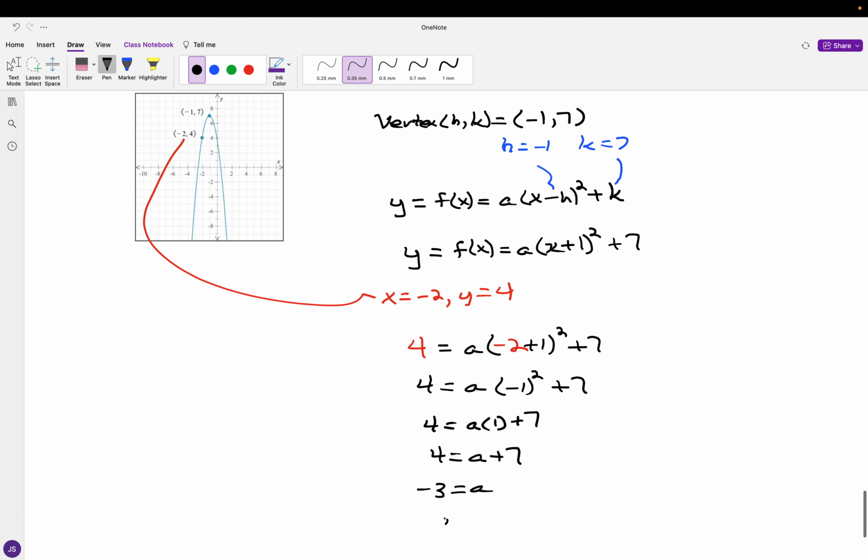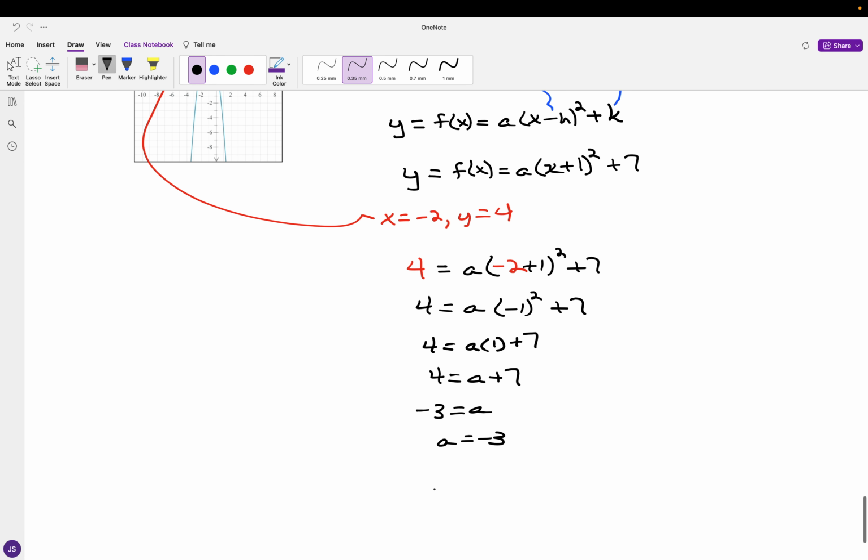So for the vertex form of the equation of this particular quadratic function, we will have y is equal to f of x is equal to negative 3 times all of x plus 1 raised to the second, followed by the addition of 7. And that will be the final answer.